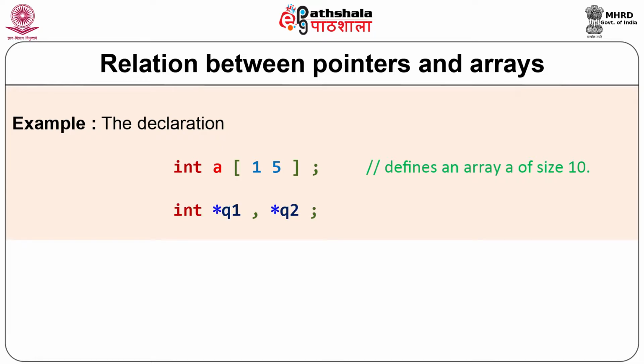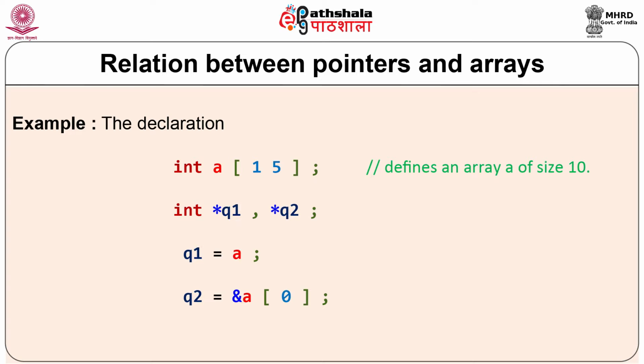The next statement is int *q1, *q2. The third statement is q1 = a, and the fourth statement is q2 = &a[0]. In these statements, both q1 and q2 point to the first element of array a.